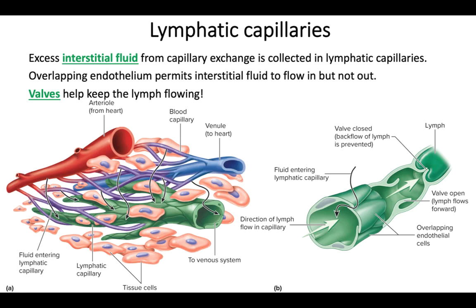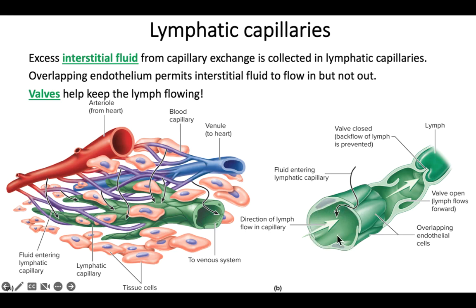As that fluid accumulates, it's going to be collected. You can see this little arrow representing the collection of this interstitial fluid into these lymphatic capillaries. You'll notice that the lymphatic capillaries are very thin-walled.